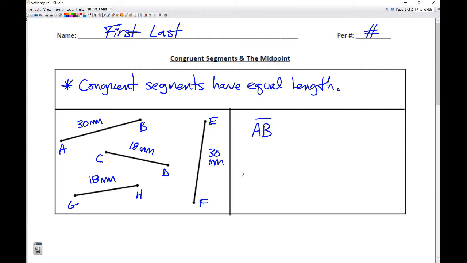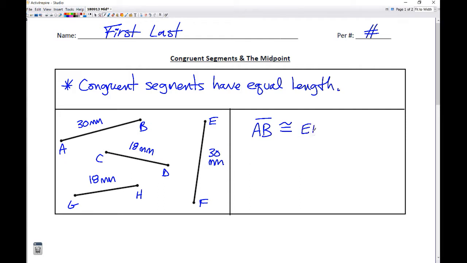So I'd start with AB and then I'd have a straight path above it, no dots, no arrowheads because it's a line segment. We have a special symbol that we use for congruent. It's an equal sign, but then it has this little curvy hat on the top of it. So this is the symbol for congruent, and I'll explain the difference in just a second.